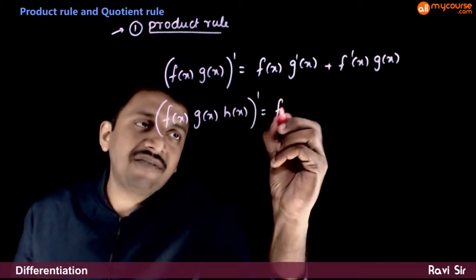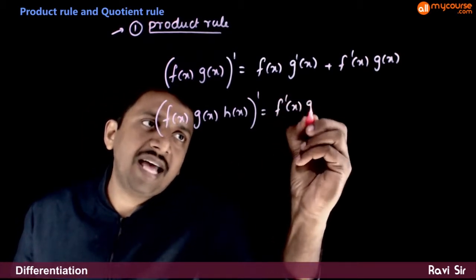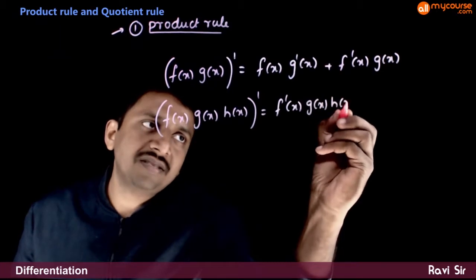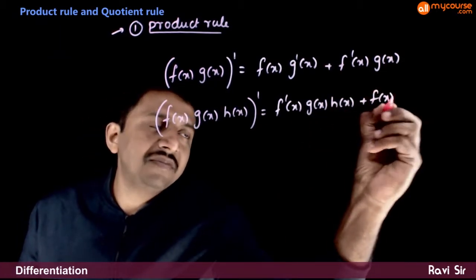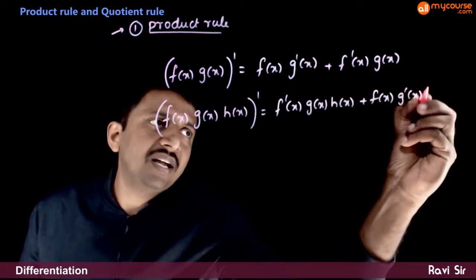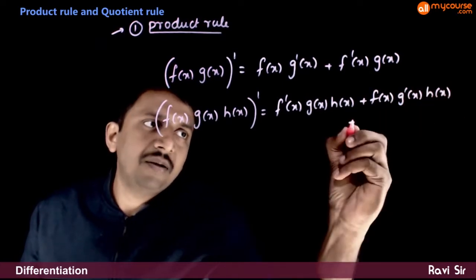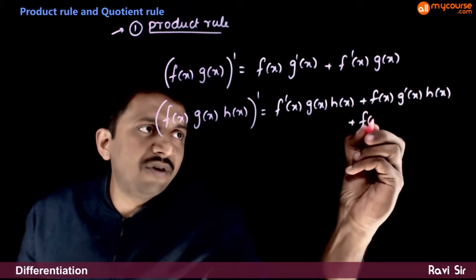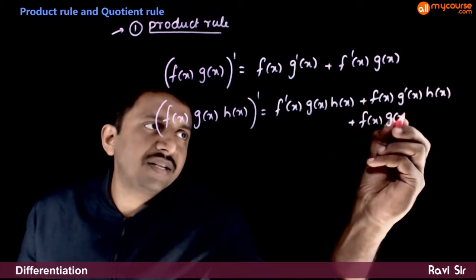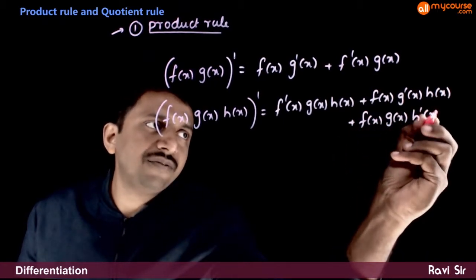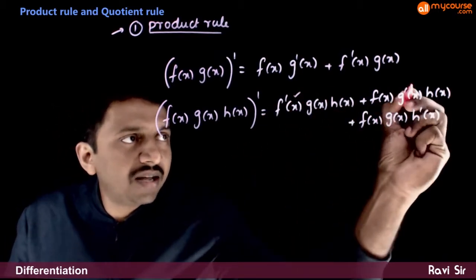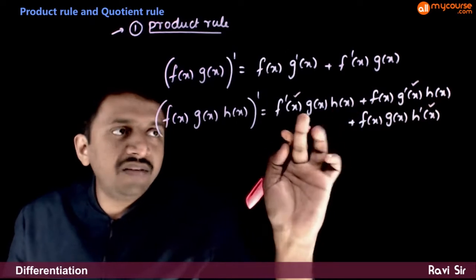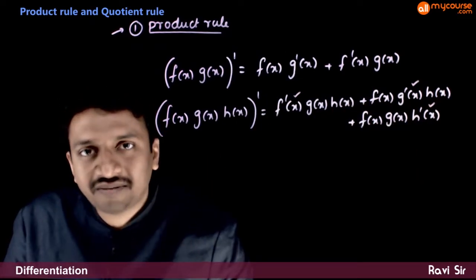That is f dash of x times g of x h of x plus f of x times g dash of x times h of x plus f of x times g of x times h dash of x. That is, you differentiate one function at a time, leaving the other two functions intact.